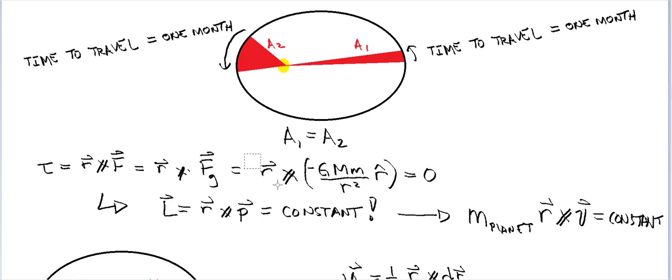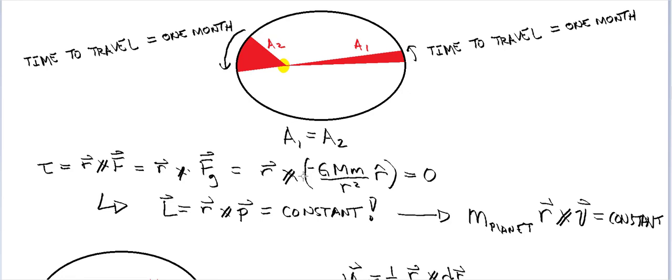And so R is going to be parallel to this gravitational force, which is along R hat. And so since the cross product multiplies perpendicular components, there are no perpendicular components, and so the torque here is going to be 0.